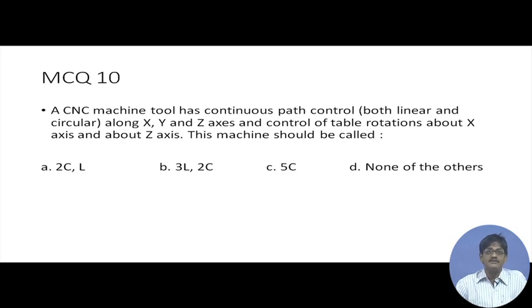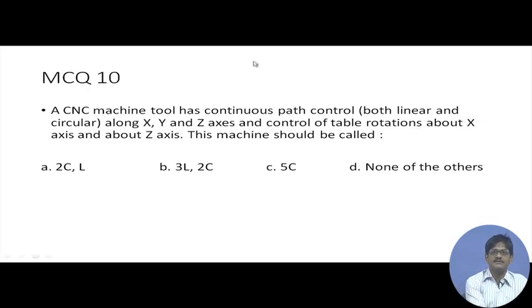Together with that, circular axis of rotation, that means rotation about x and about y, if they are possible, then we consider them to be individual C or continuous axis. So, 5C is possible, I mean correct, and none of the others.